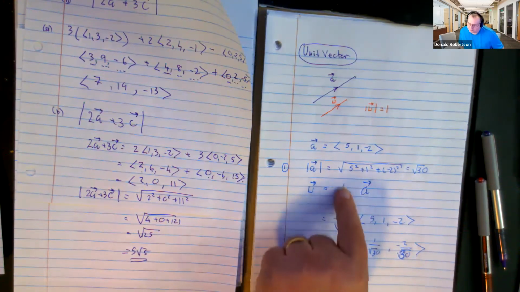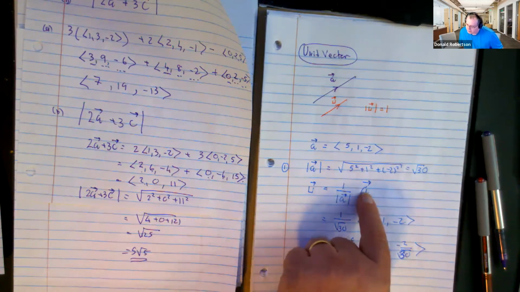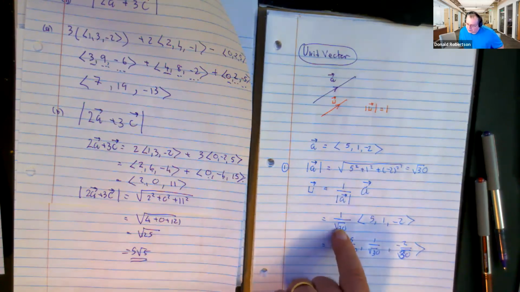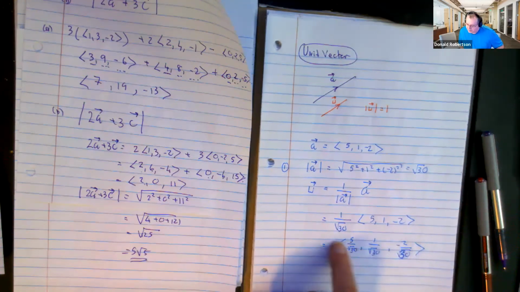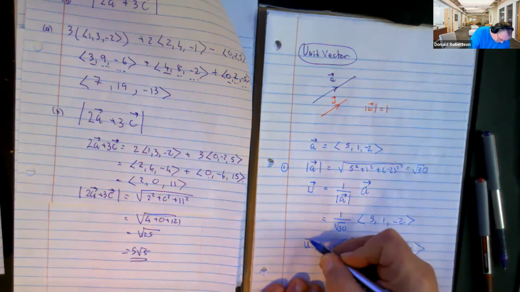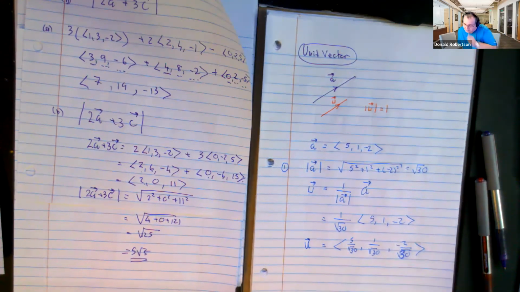Because any multiple of A is parallel to it, right? But because I've divided by its length, do you see that if I found the magnitude of this guy, wouldn't its length be 1? Does that make sense? You check out that squared plus that squared plus that squared ends up being 30/30ths, which is 1.